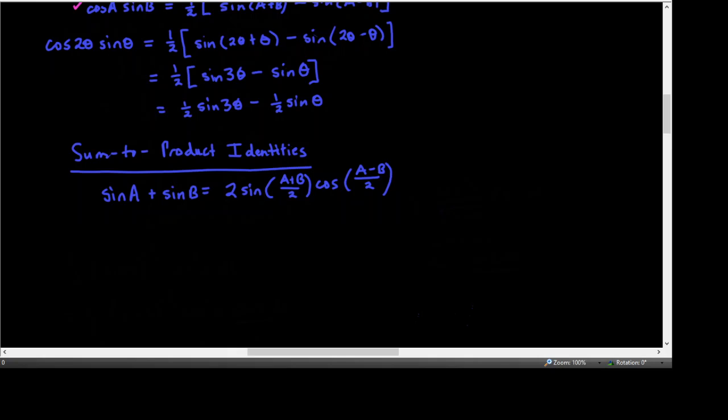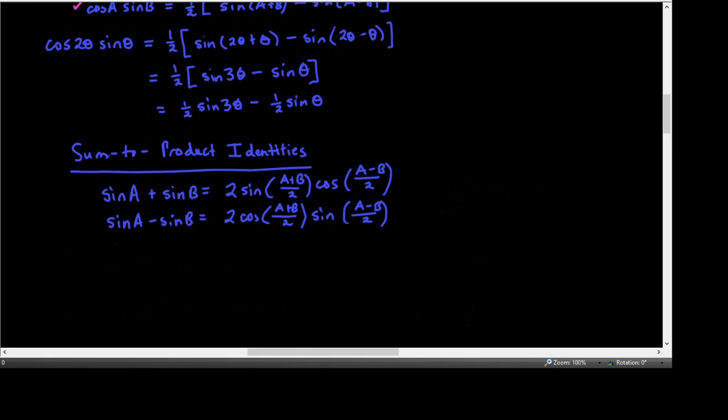The sine of A minus the sine of B is 2 cosine of A plus B over 2 times sine of A minus B over 2.